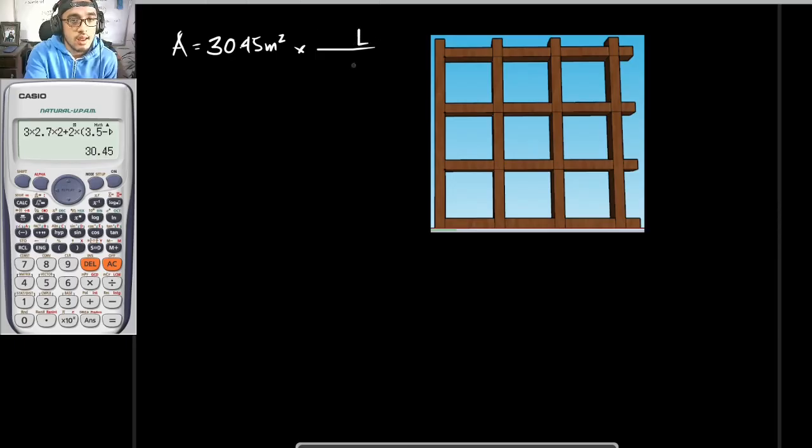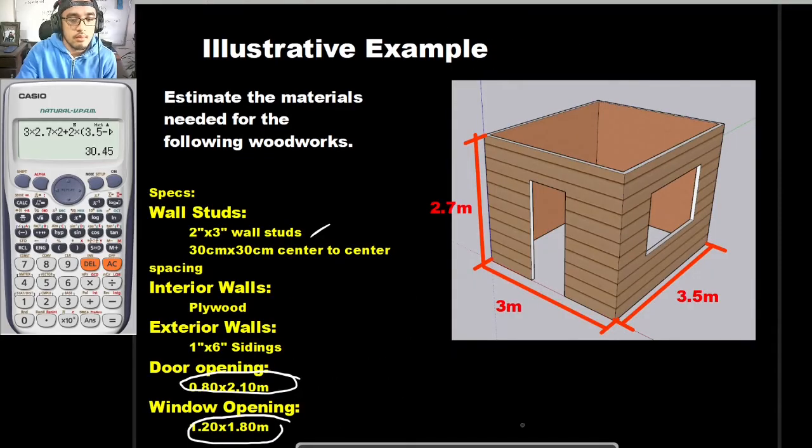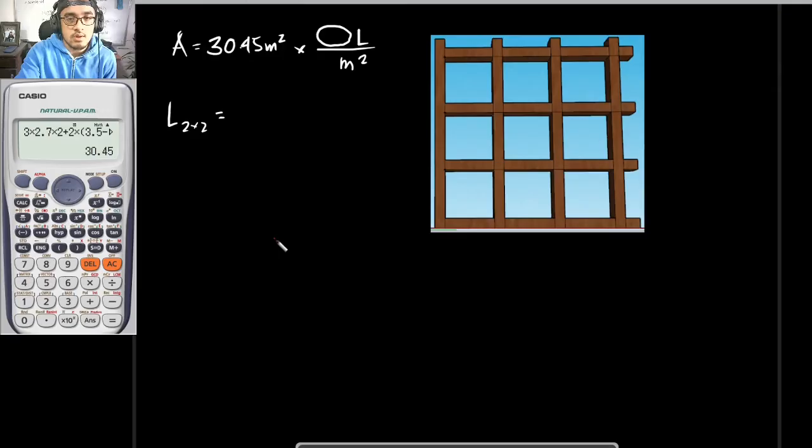We must get the length per square meter for us to get the length of our timber. The thing is, we don't know yet how many meters there are in a square meter of area, since it is said in the problem earlier that for our wall studs, it has a center-to-center spacing of 30 centimeters. I already made this for you.